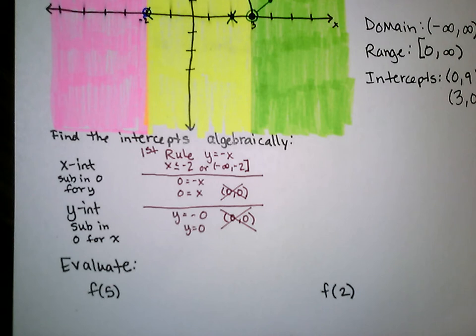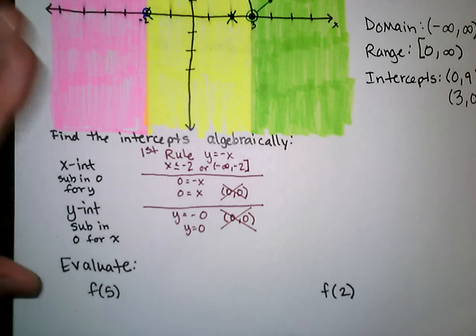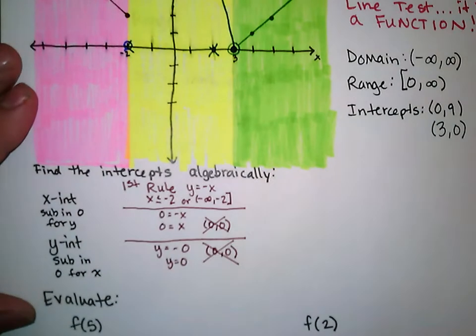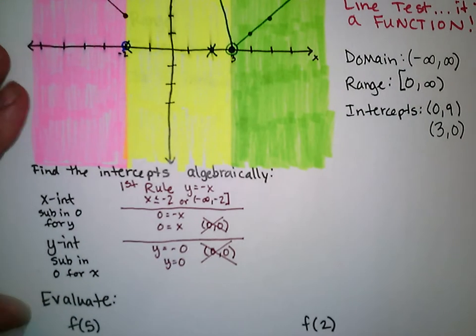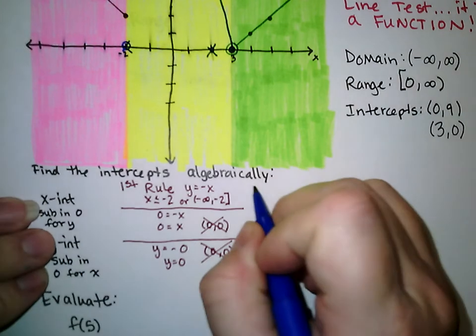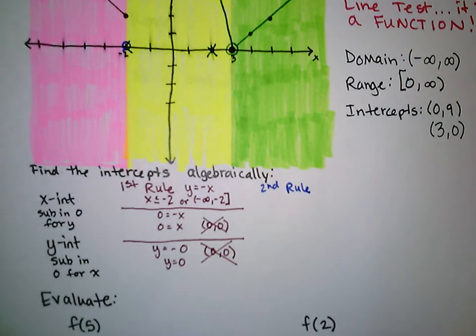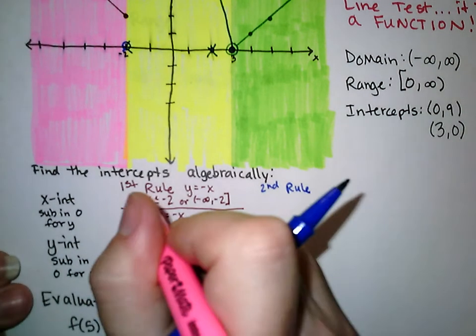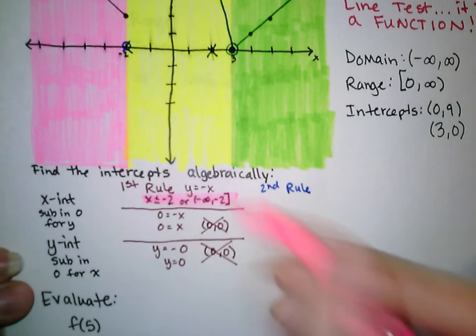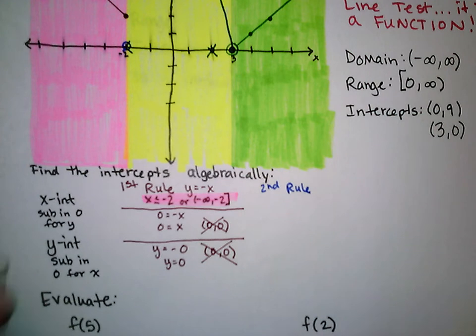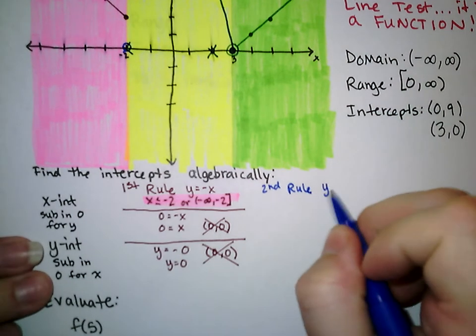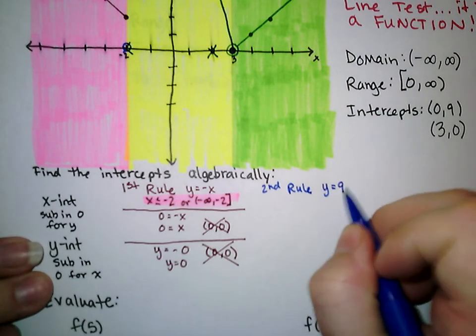Okay. Our second rule, which was in this yellow zone, was y equals 9 minus x squared.